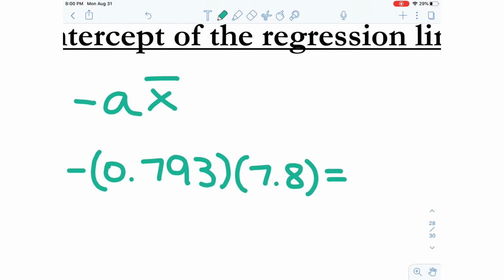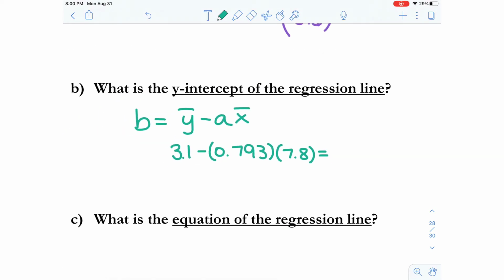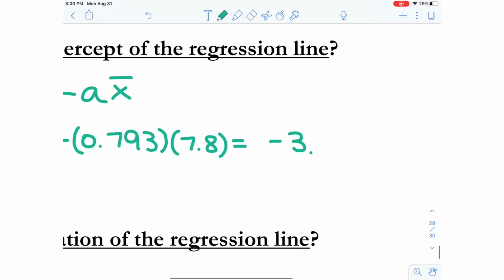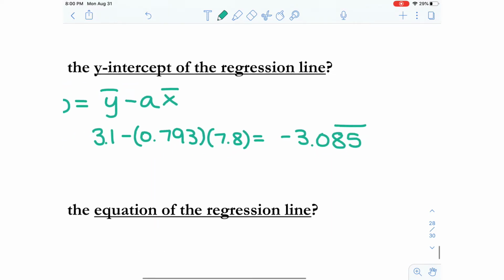Now this one you can type straight into your calculator, exactly the way you see it. I would still use parentheses, and it should just spit the answer right out at you. I got negative 3.085. Didn't come out nice. Okay, so that is the b value.